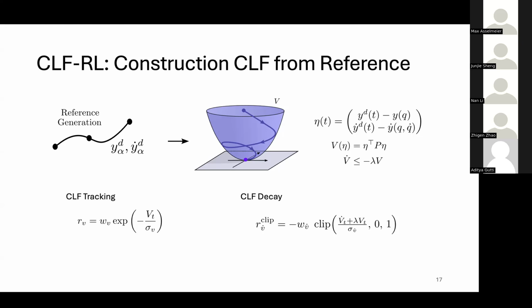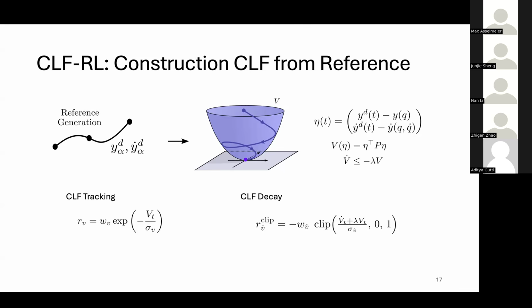Then we actually propose in the paper to compute sigma V. We use the eigenvalues of P and we estimate a max value of eta. This scales our Lyapunov function to be roughly between 0 and 1.